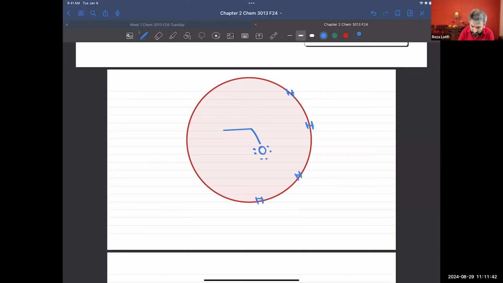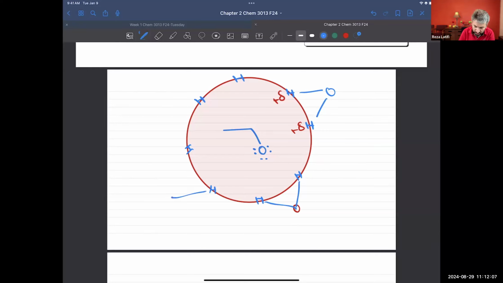And I'm going to tell you why we're going to have hydrogen atoms here. Each hydrogen is attached to oxygen, and attached to oxygen, hydrogen is going to have a positive charge. So you put a positive charge on the hydrogen atoms. And of course, you're going to repeat this for the rest.